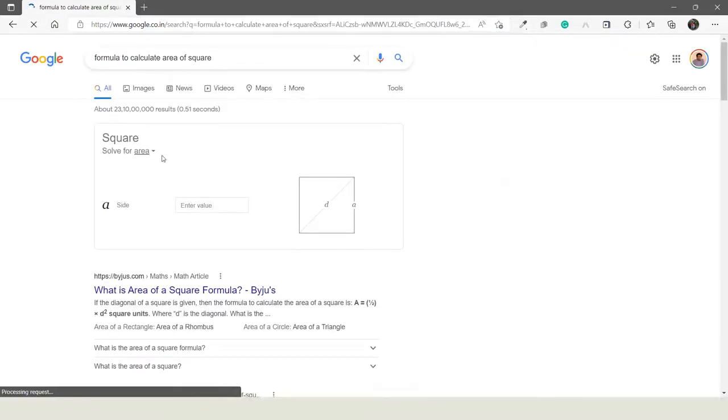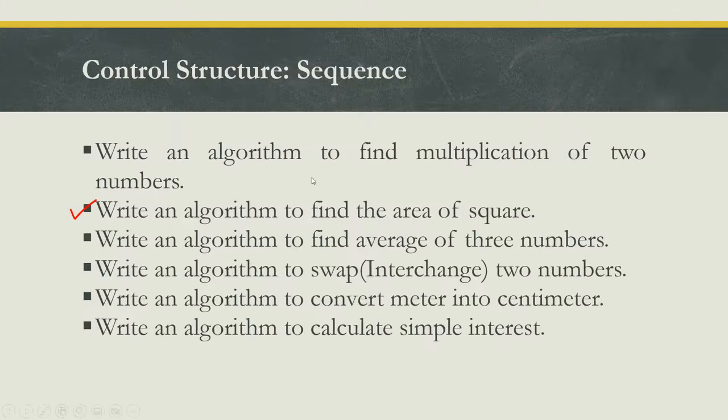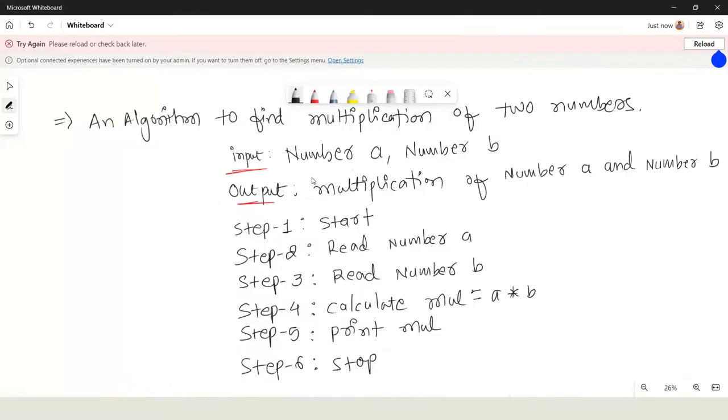You can see a capital S stands for area and small a stands for the length of one side, and the area of a square is a squared. So it is very easy to write this algorithm. Okay, let's go to the whiteboard. Let me clean this whiteboard.